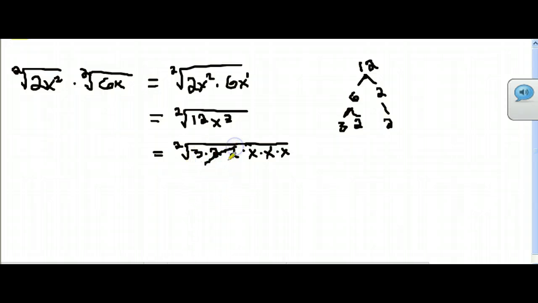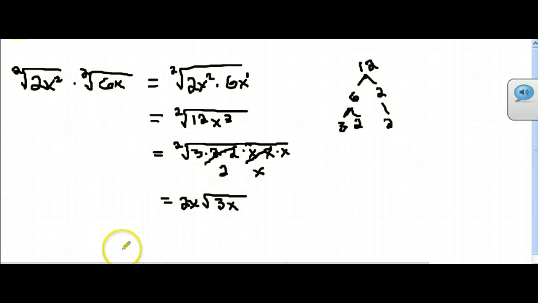These two 2's come out as just one 2 in the front of the root. And then you've got 2 x's in there. They will come out as just 1x. And then when they come out, you multiply those two things together. So you're going to have a 2x in the front, and then the square root of whatever's left under there, which is just a 3x.